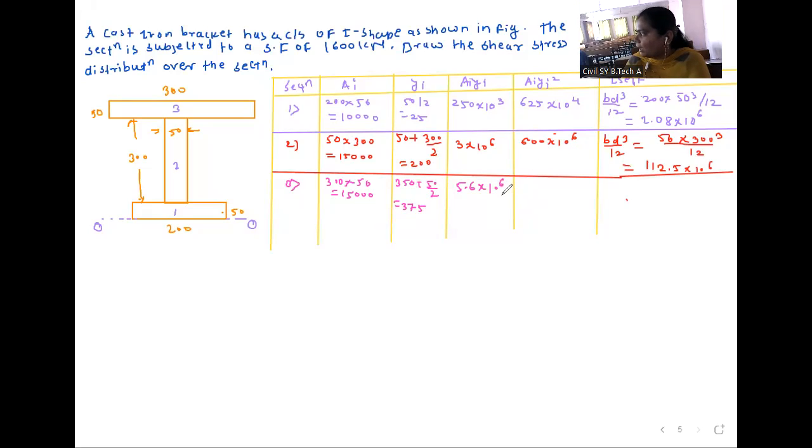After that ai yi square is 2.1 into 10 raised to 9.